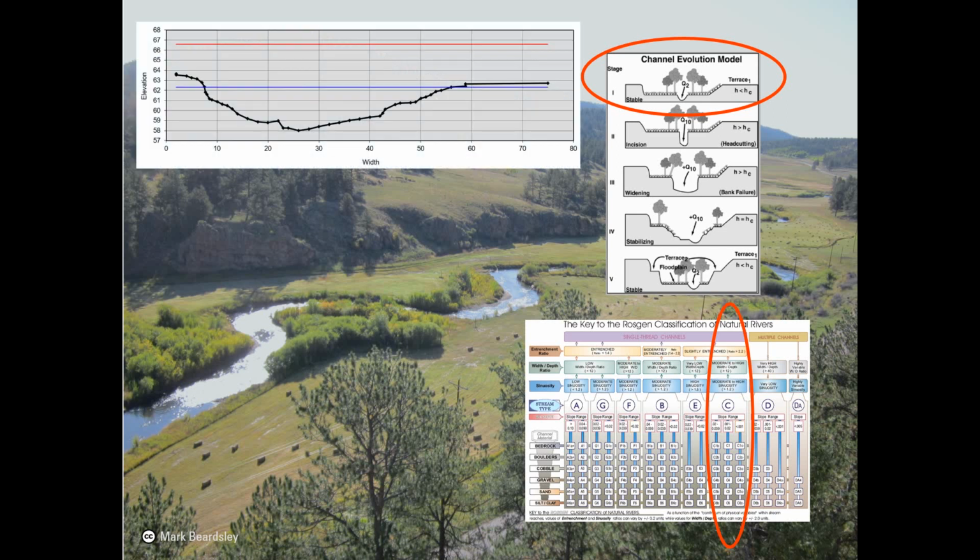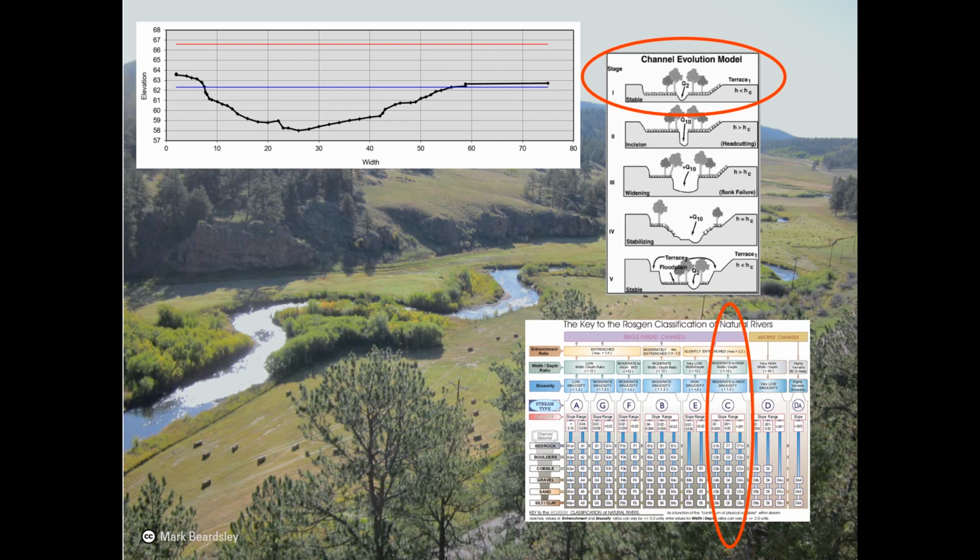According to the theory, ideal channels that most efficiently meet this equilibrium point are sized to bankfull discharge, which is roughly about the Q2 flow. Calculating ideal channel form using equations, or copying it from other Q2 channels using a reference reach, is what you do in natural channel design.